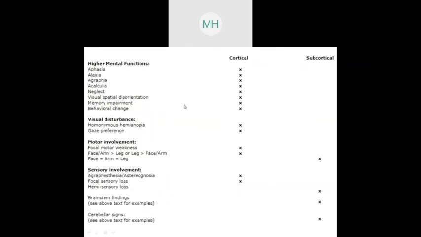Okay. So this is a differentiation between cortical lesion and subcortical lesion. What I want to highlight to you is in cortical lesion, most of the higher mental function is involved. So in subcortical, most of the basic perception like sensory motor is involved.